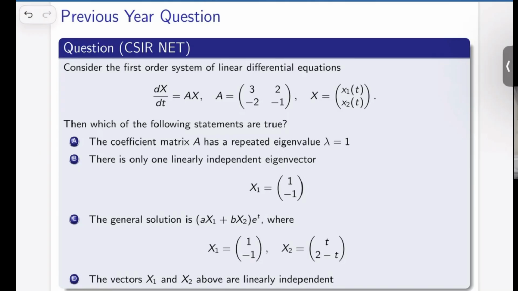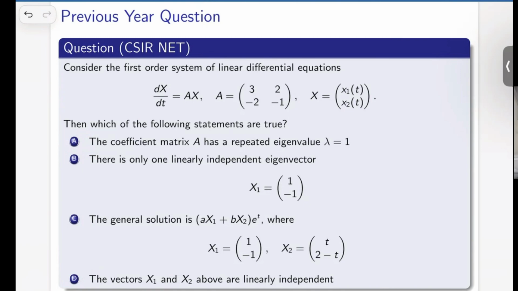Here the geometric multiplicity will be 1, so we have only one eigenvector, which is (1, -1). So my second eigenvector will come out to be this one. And we know that these two eigenvectors are linearly independent. So all my options A, B, C, and D are true.